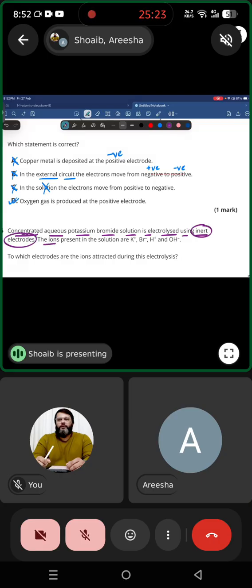The ions present in the solution are potassium, bromide, hydrogen, and the hydroxide ion. They have already given you the list of ions. To which electrode are the ions attracted during the electrolysis? They are asking for the attraction of ions. So the positive ions move towards the cathode and the negative ions will move towards the anode.